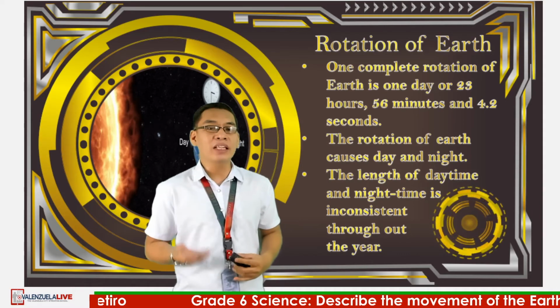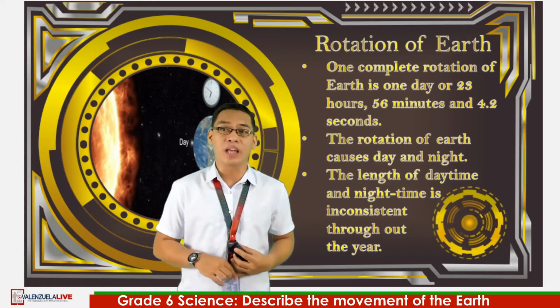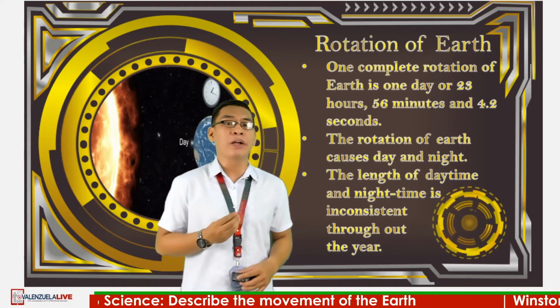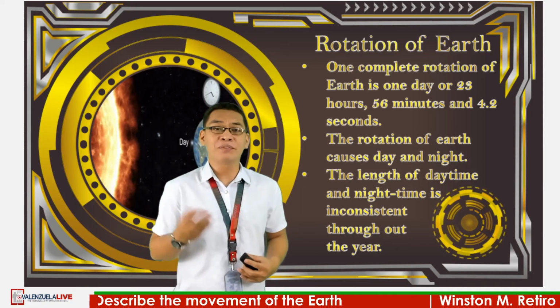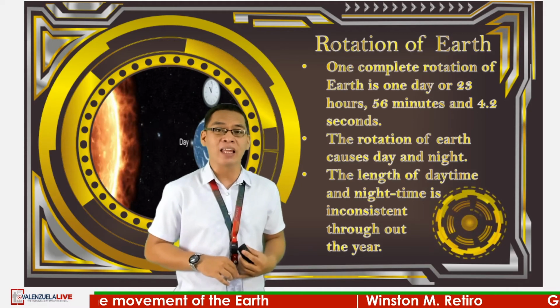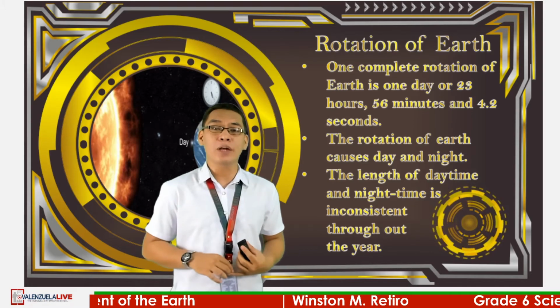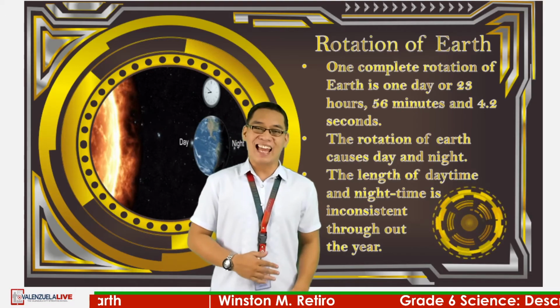The length of daytime and nighttime is inconsistent throughout the year. There are times that we experience a longer day and shorter night. Vice versa, we also experience a shorter day and longer night. Aside from that, we also experience an equal length of day and night.